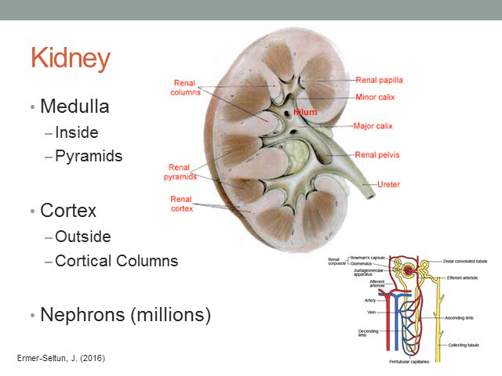This fluid continues to drain and collect towards the renal pyramid, joining with the minor calyx, major calyx, and finally emptying into the renal pelvis toward the ureters. This complex coordination of capillaries to each nephron is critical for renal filtration and urine formation.